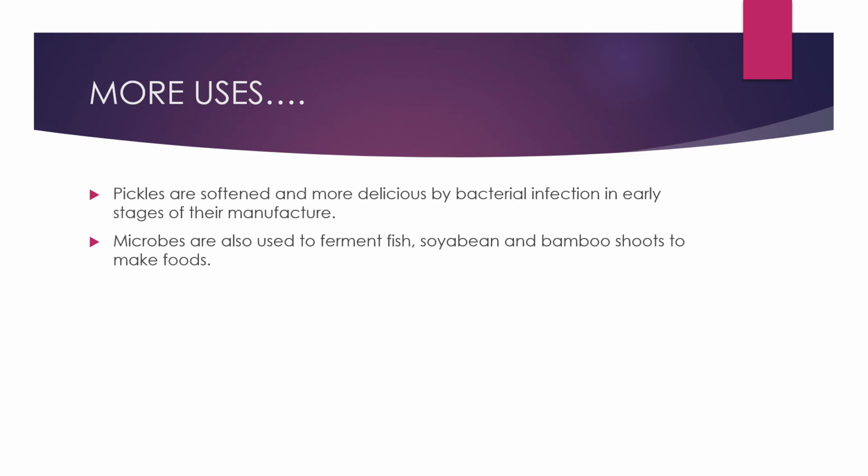Pickles are also softened and made more delicious by bacterial infection in the early stages of their manufacture. And microbes are also used to ferment fish, soybean and bamboo shoots to make foods. So these are the household products where microbes are used.